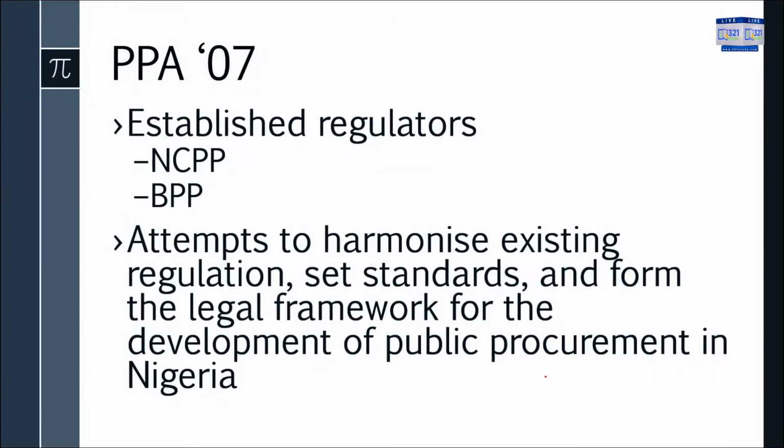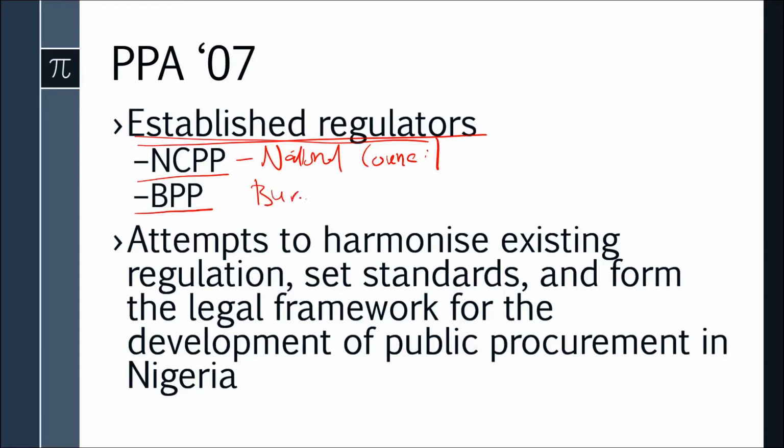First of all, going into the Public Procurement Act 2007. We'll note that the main highlights of the Act are the establishment of the NCPP and the BPP, the National Council on Public Procurement and the Bureau of Public Procurement.